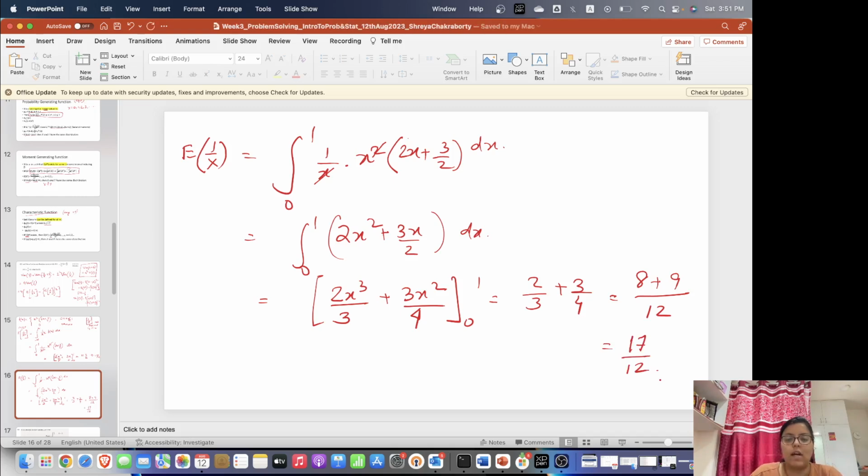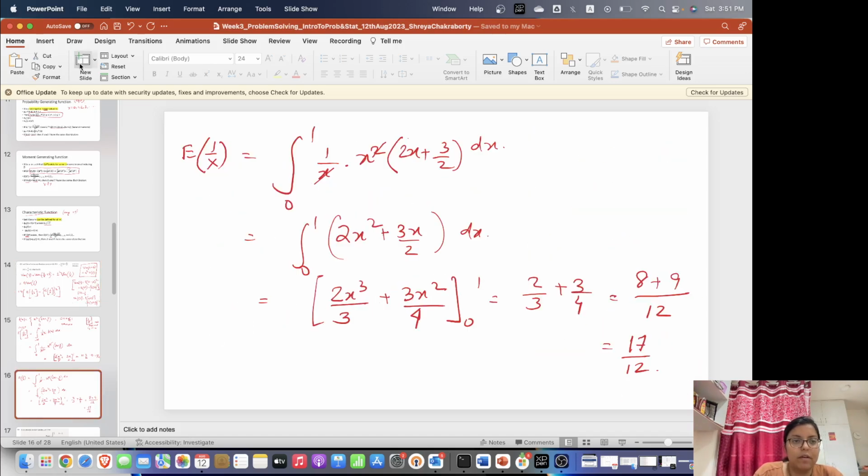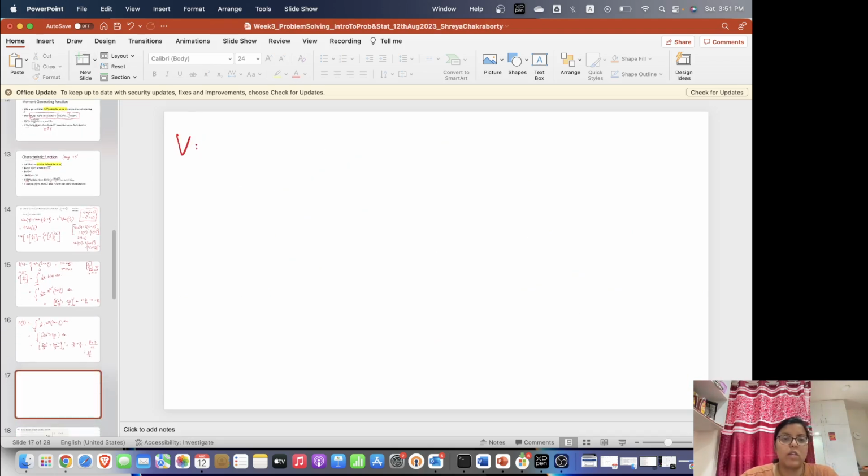Now we wanted these two values, and we have them. So now the variance of y would be 4 into (5 by 2 minus (17 by 12) whole square).